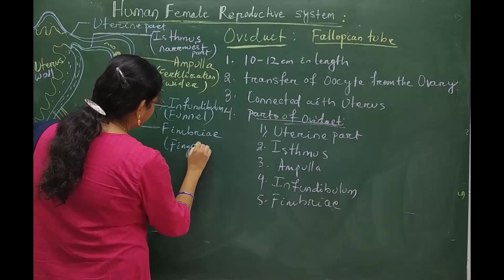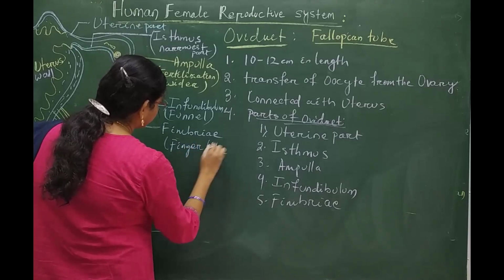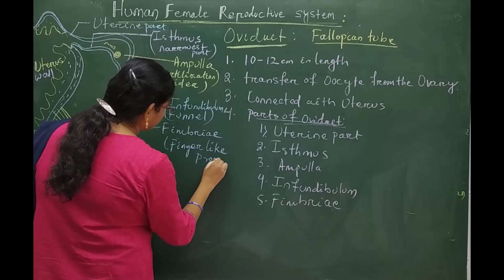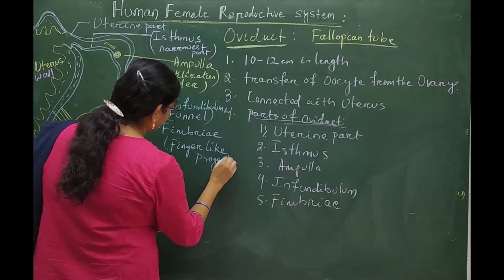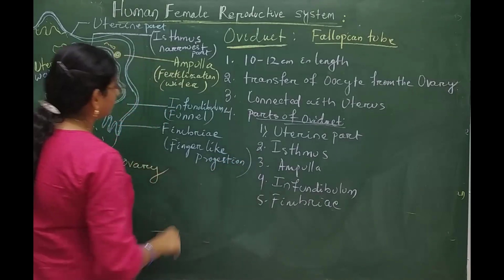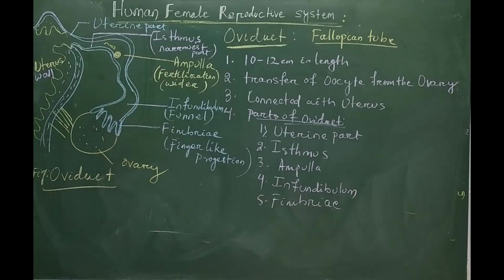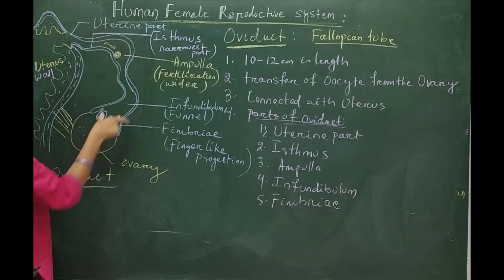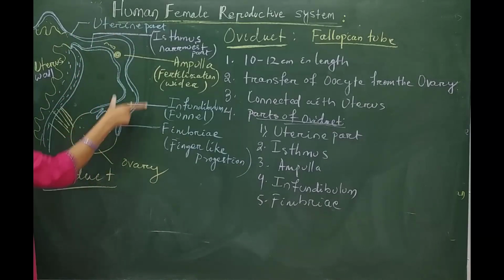So starting from the uterus up to the end of the fimbriae, these are the different parts of the oviduct.